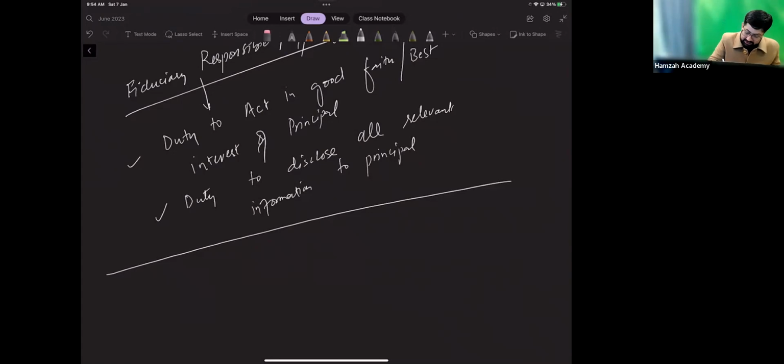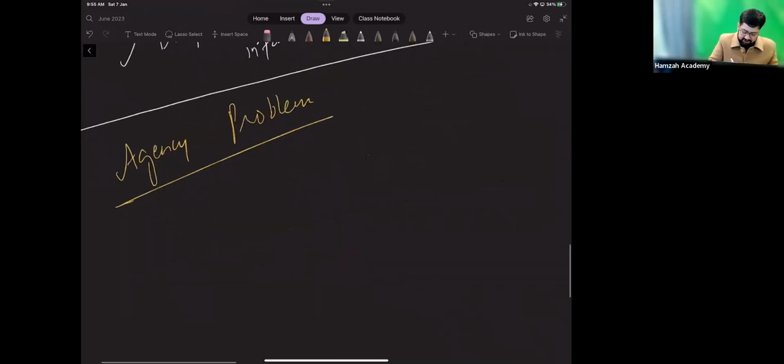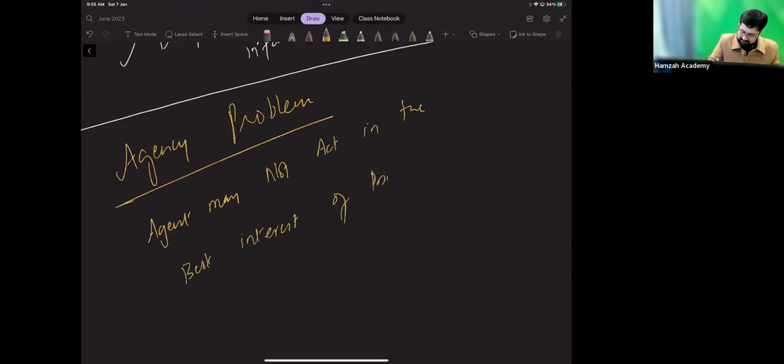So that is called agency problem. What is agency problem? Agency problem is that the agent may not act in the best interest of principal. So directors may not act in the best interest of shareholders.